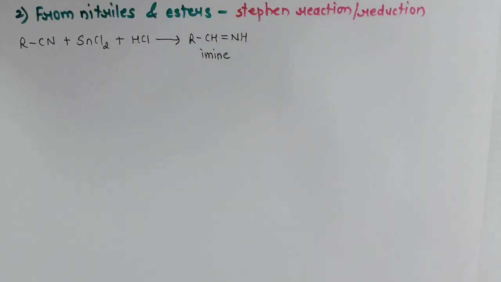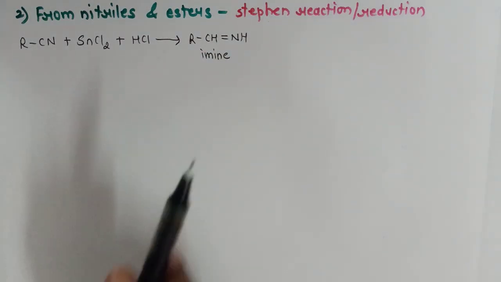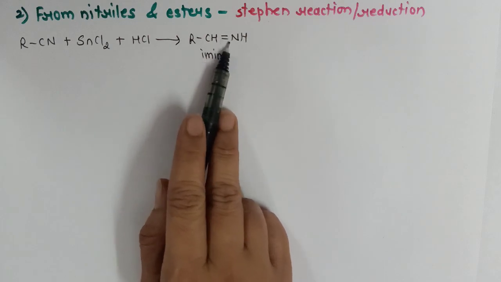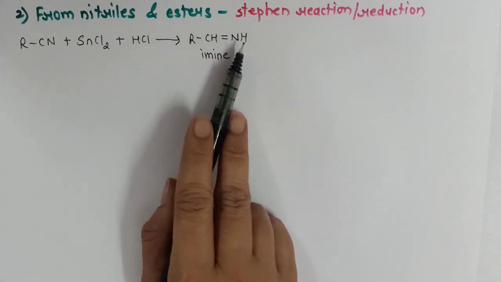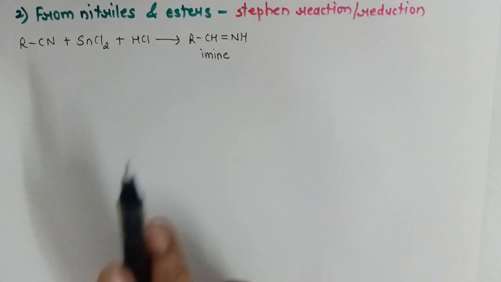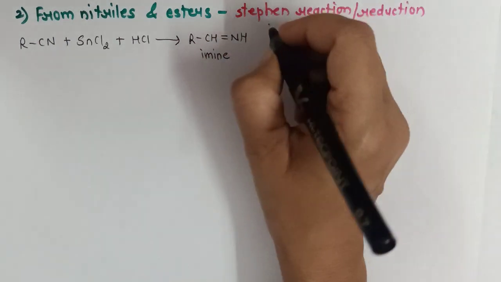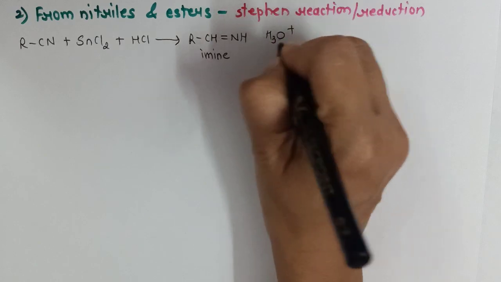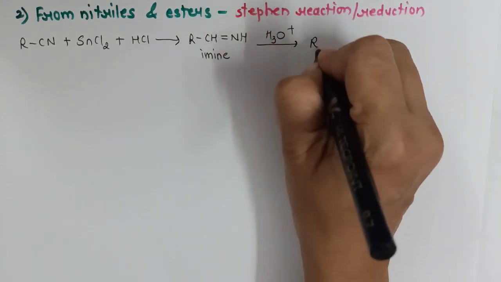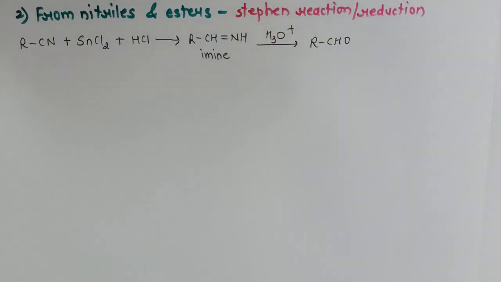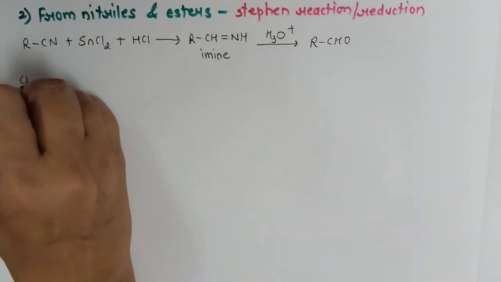Now what is imine? Generally we know that carbon is triply bonded with nitrogen, but when carbon is doubly bonded with nitrogen and nitrogen is attached to either hydrogen or any other organic group, then we call it imine, which on further hydrolysis gives aldehyde. Let us take the example of methyl cyanide.